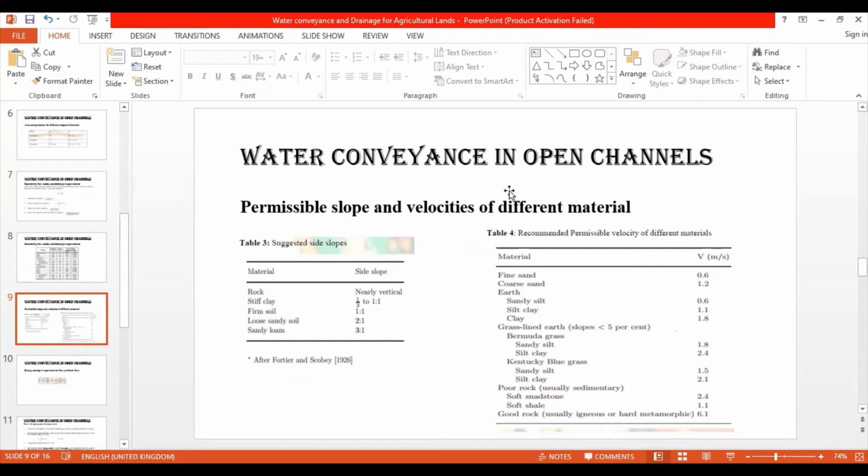So we'll look at this when we look at an example of how we can incorporate these permissible velocity, slopes, and the other parameters in designing an open channel.